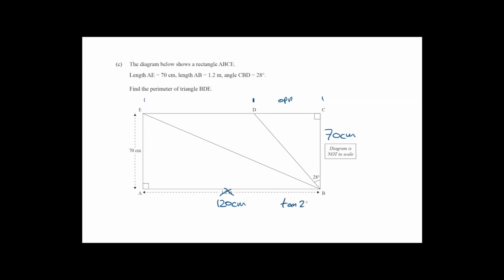So tan of 28 is going to be opposite over adjacent. So it's going to be the opposite side divided by 70. So the opposite side, when it comes up, is going to be tan of 28 degrees times 70 centimeters. And it's time for Mr. Casio to do his stuff.